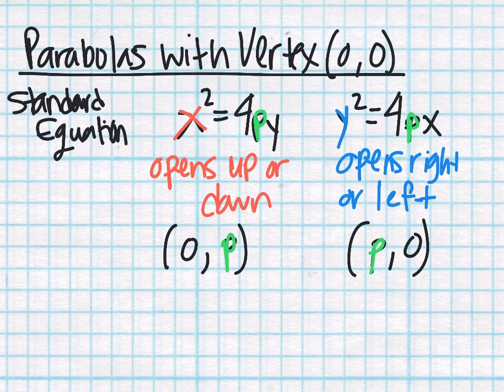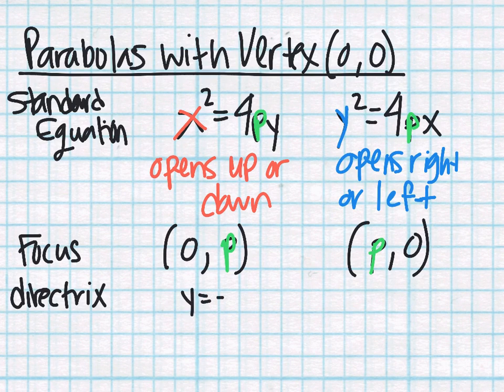So you notice that there's a 4 in front of the p. So if you have some number in front of a y or an x that's not squared, you can divide it by 4 to find out what that p value would be. So this is the focus. The formula for the directrix: y equals negative p, or x equals the opposite of p. Opposite and negative, same idea.